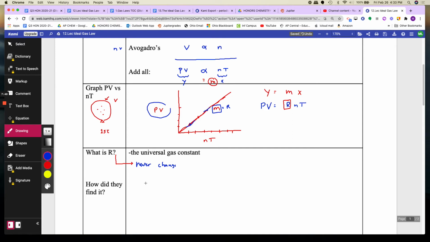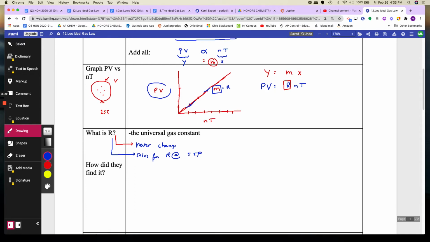So we're going to solve for R at STP. Remember, standard temperature and pressure: temperature is 0 degrees Celsius and pressure is 1 atm.